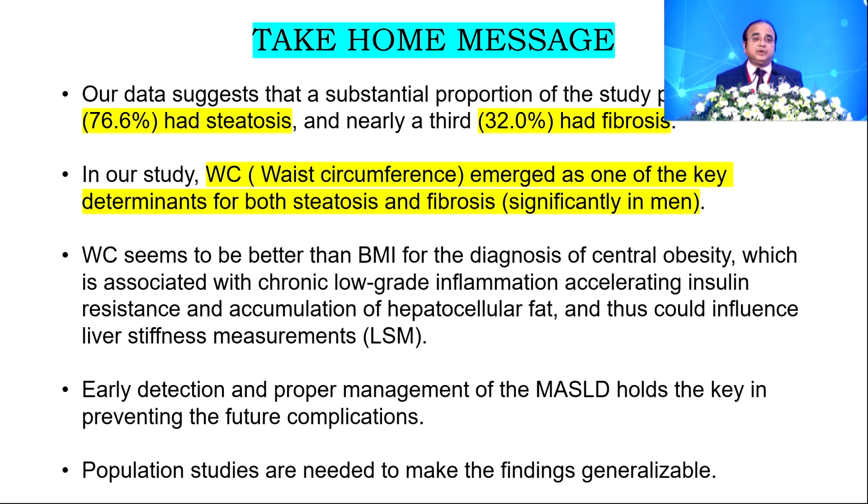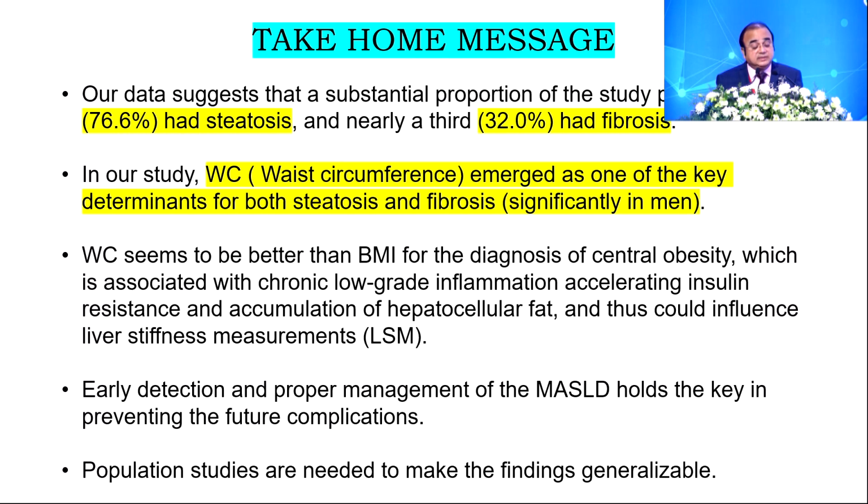So the importance of all these lectures and data sets is that early detection is the key. If we can diagnose it early, we can find out the cutoffs early, and we can very well prevent it from progressing towards cirrhotic changes or HCC or carcinomas, and we can reduce the morbidity and mortality in this set of patients.